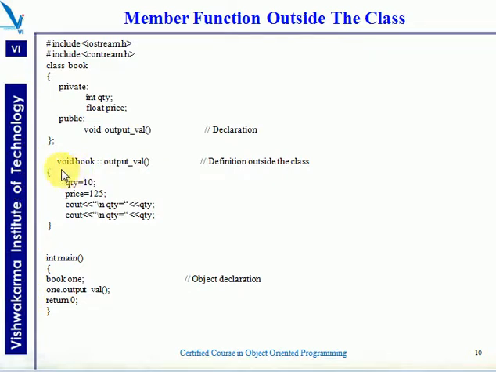So here void is the return type, book is the class name, and output val is the member function. This is the scope access operator, which separates the class name and the function name. And in the main, I have declared an object and I have made a call to the public member function.